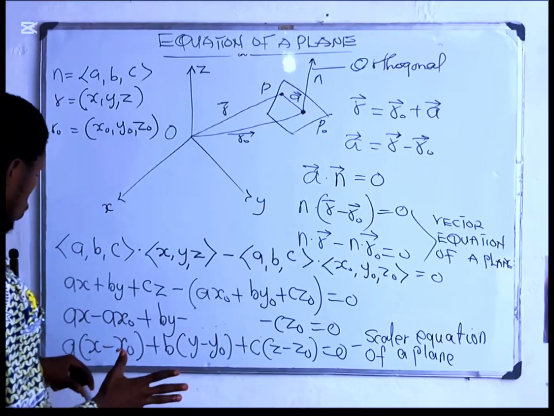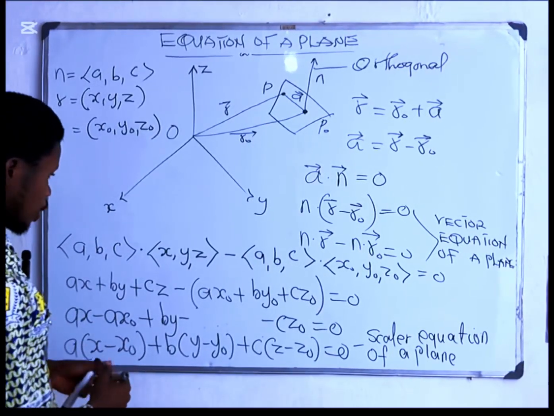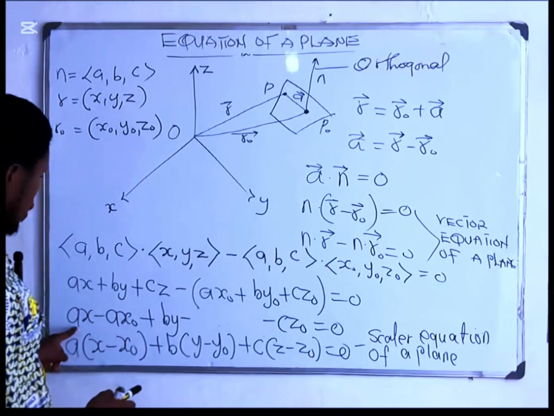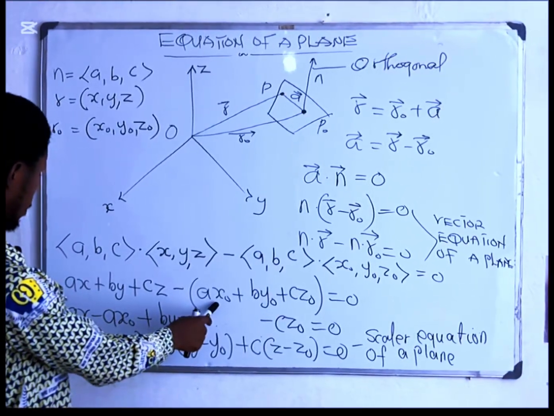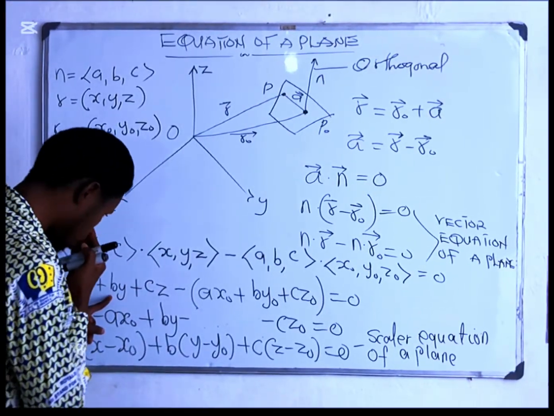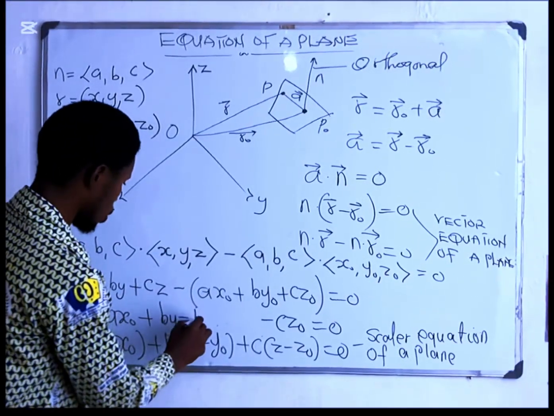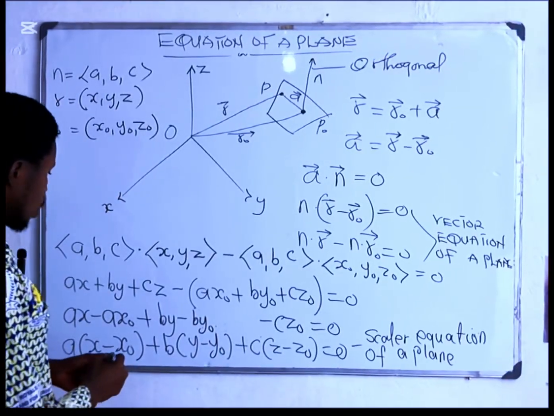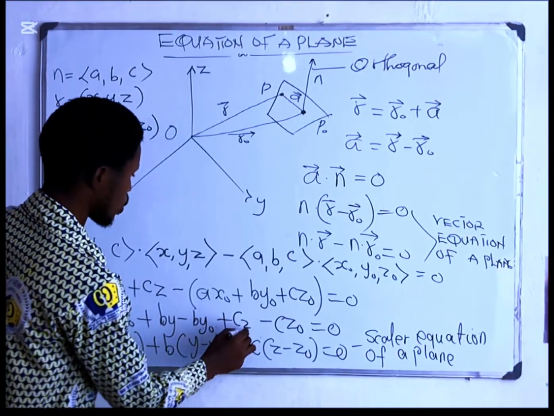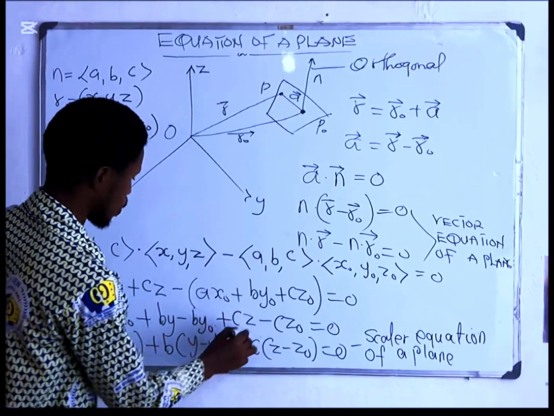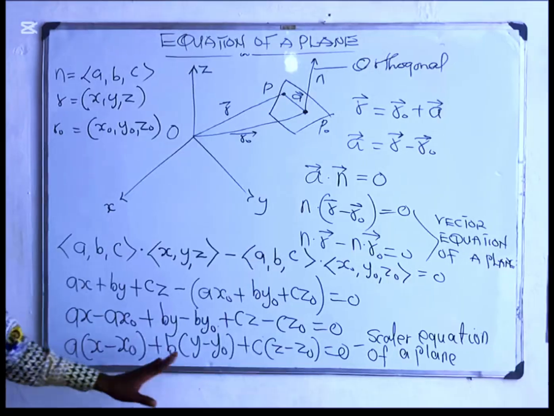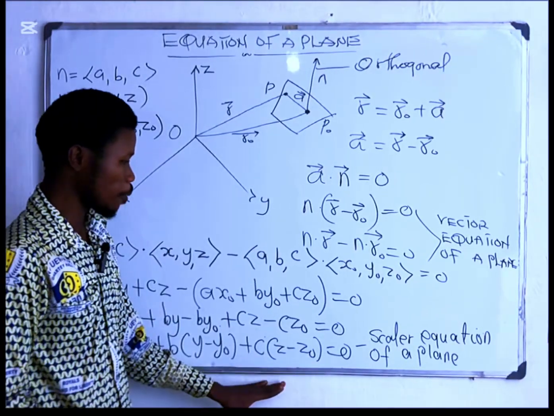Oh, it's not a mistake. ax goes with this, right? by goes with by naught, excuse me. Then cz goes with cz naught. Okay. All right. So I think that is it. There wasn't any mistake there. So this is what we have.